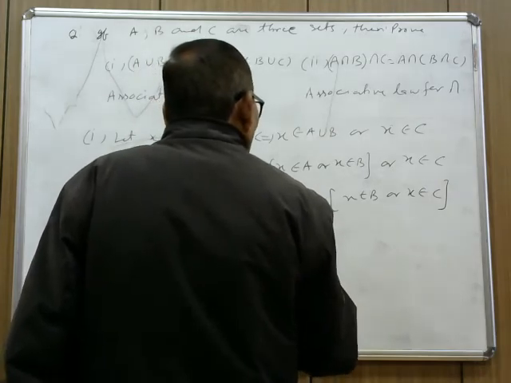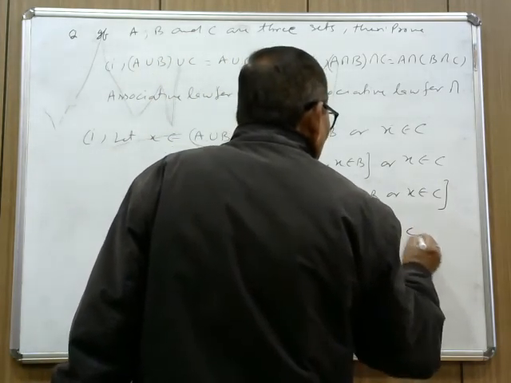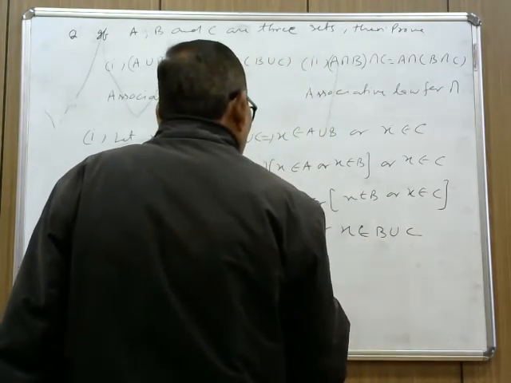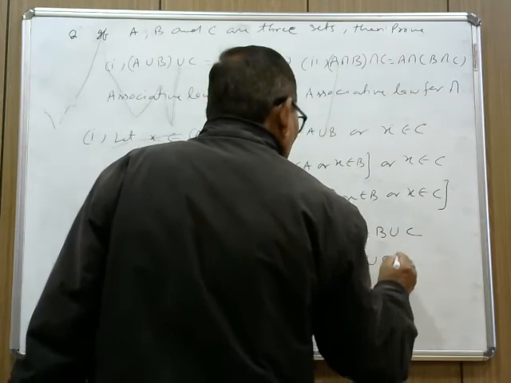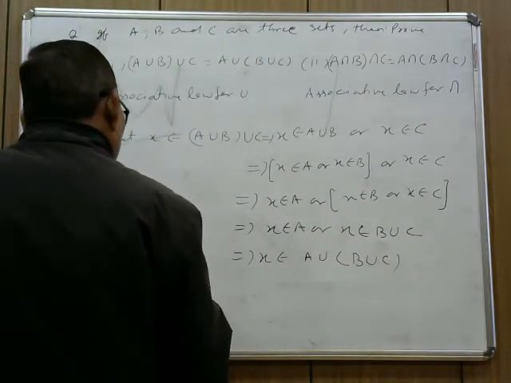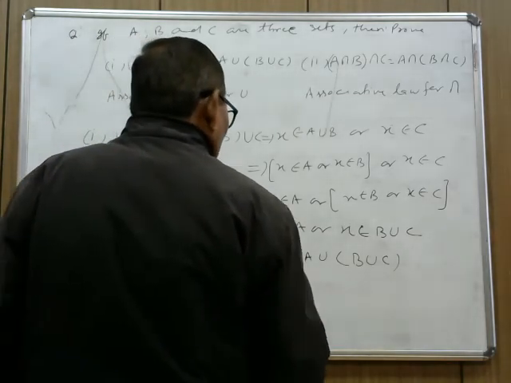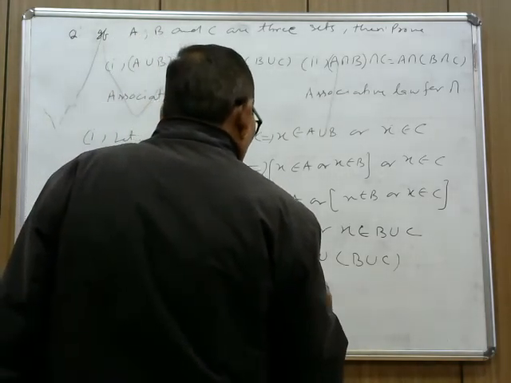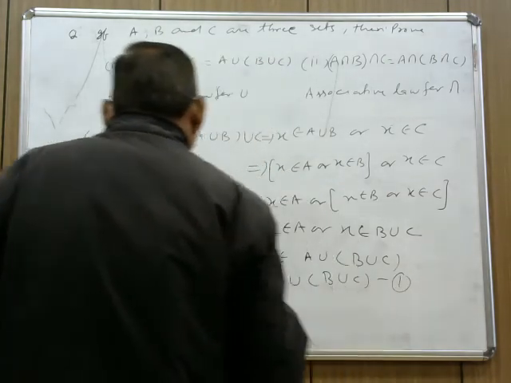X belongs to A or X belongs to B union C. Implies that X belongs to A union B union C. By the definition of subsets, you can write the left side is subset of the right side. This is your result number one.